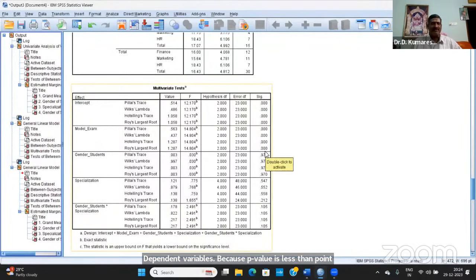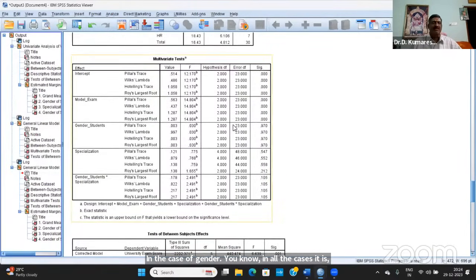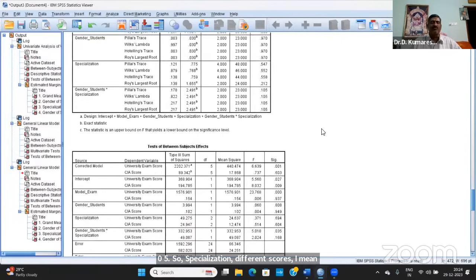Whereas in the case of gender, in all the cases, it is greater than 0.05. So no significant impact. Specialization, no significant impact. Different scores, different p-values, but all are greater than 0.05. Then interaction also, all are same, but greater than 0.05. So there is no significant impact.